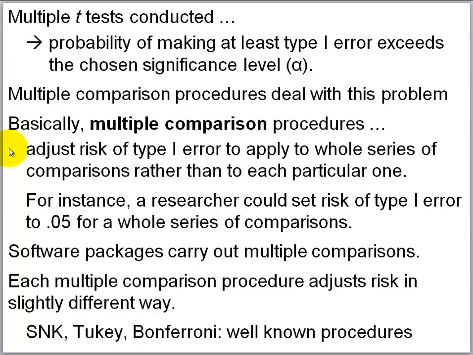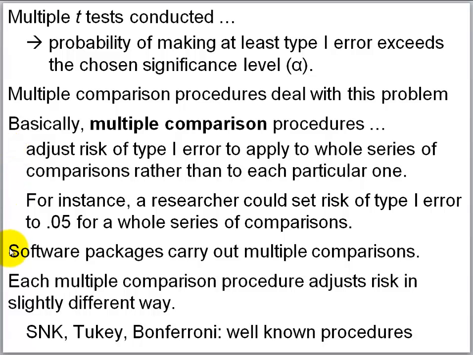Basically, and oversimplifying to some degree, multiple comparison procedures adjust the risk of type 1 errors so that this risk applies to the whole series of comparisons being carried out rather than to each particular one. For instance, in our example, we could set the risk of type 1 error to 0.05 to apply to the whole series of 10 different comparisons that would be conducted between sample means in our situation involving 5 groups.